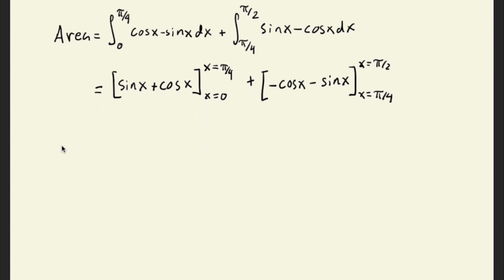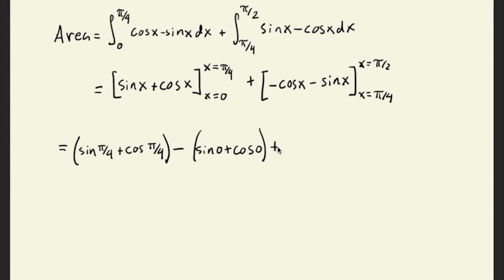Okay, so now it's just plugging it in. Plugging in pi over 4, you get sine of pi over 4 plus cosine of pi over 4. That's the top term minus the bottom term, sine of 0 plus cosine of 0.